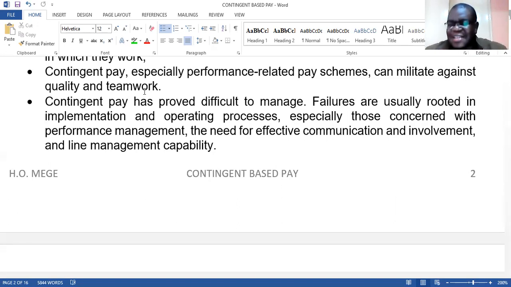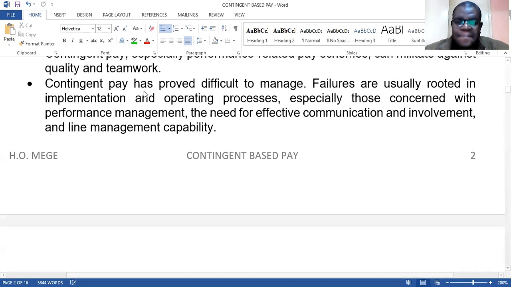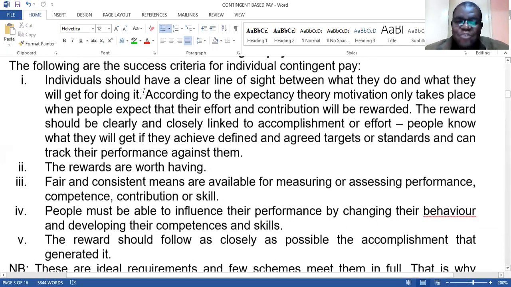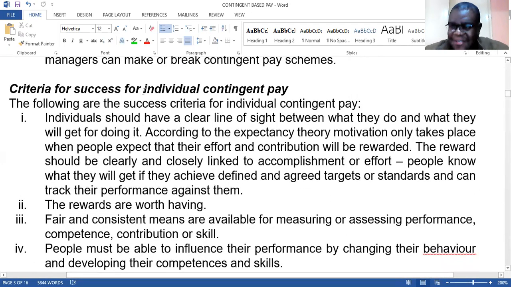That is the focus that the employees will have. These are, and many others are, arguments that have been advanced against the rollout of individual-based performance-related, individual-based contingency schemes.